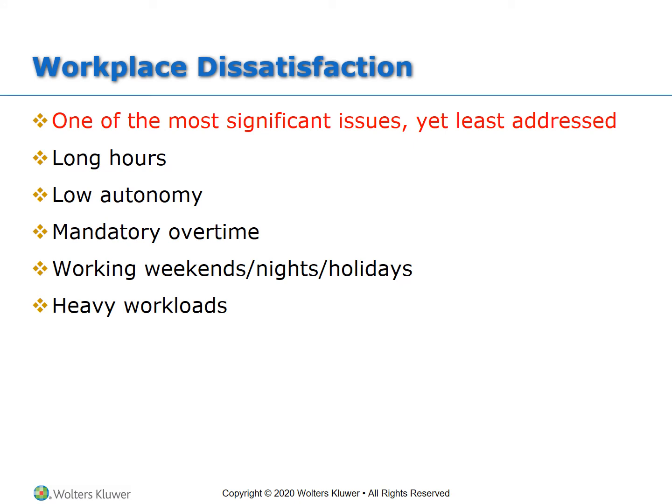is perhaps one of the most significant yet least addressed factors that lead to the current RN shortage. And it results in high turnover levels and nurses leaving the profession. You have to remember when nurses leave the profession, the high turnover rates are usually very expensive because it costs roughly $60,000 to $80,000 to replace a nurse, including recruitment and training downtime.